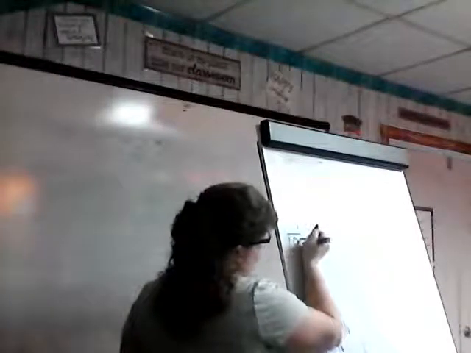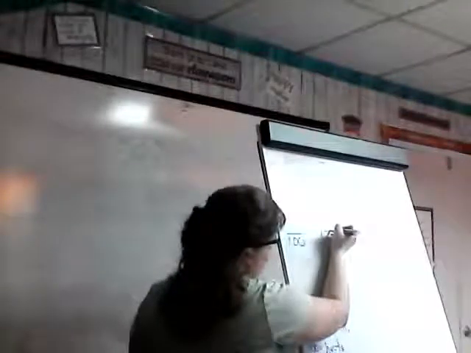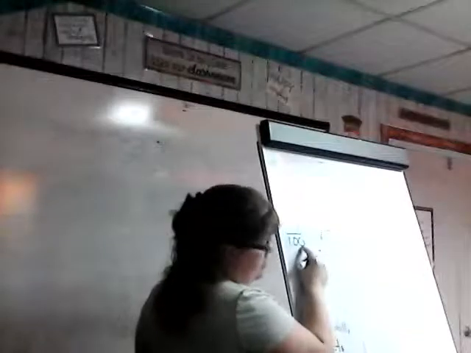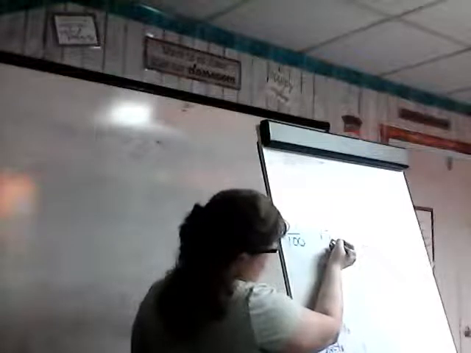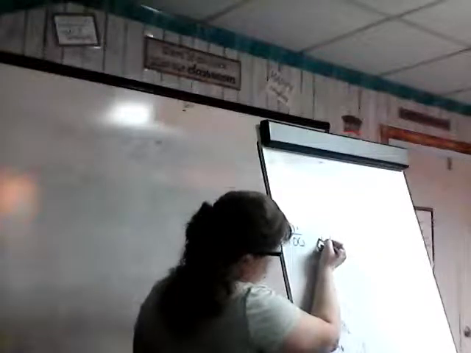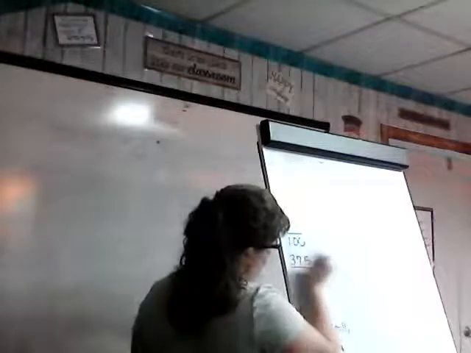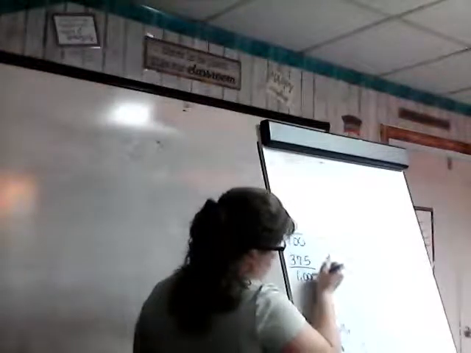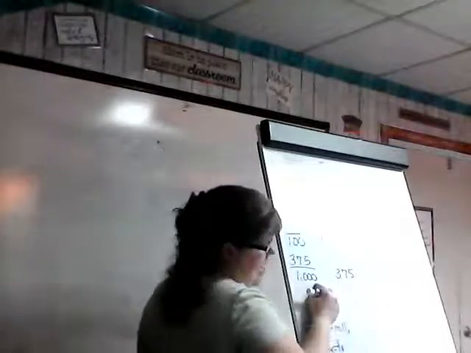So, Jonathan, let's look at this one. 17 over 100. So I'm going to change this fraction to a decimal. So I'm going to write the 17, and then how many zeros do I have? 2. So I'm going to start on my right side and go 1, 2, decimal point. Okay? So 375 over 1,000. I'm going to write the 375, my numerator. How many zeros do I have?